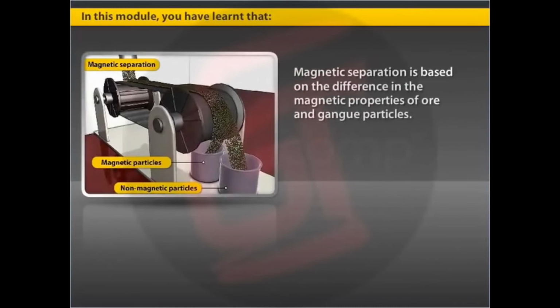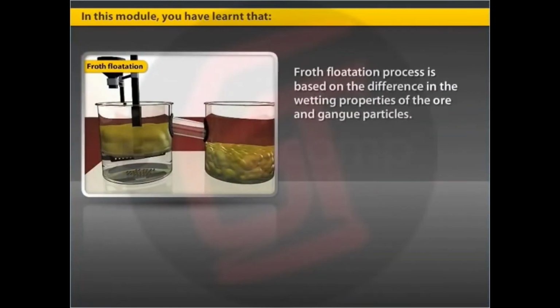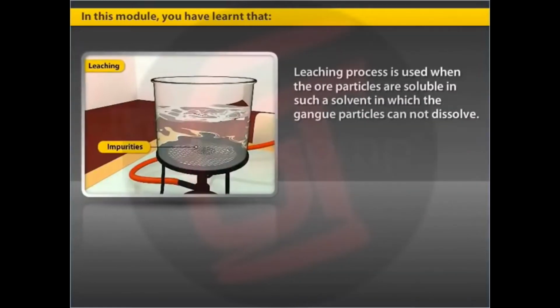Magnetic separation is based on the difference in the magnetic properties of ore and gangue particles. Froth flotation is based on the difference in the wetting properties of the ore and gangue particles. The leaching process is used when the ore particles are soluble in a solvent in which the gangue particles cannot dissolve.